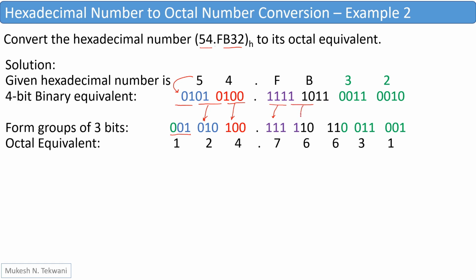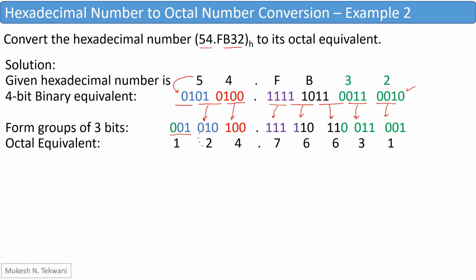We have the group 111, then 110, then 110, then 011, and the last 3 bits 001. The remaining 0 we can discard because it is not significant here.